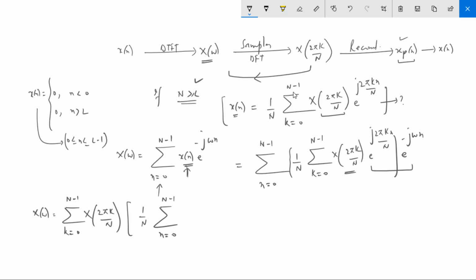If you combine these two factors, you will see that e raised to power minus j n can be taken as common.